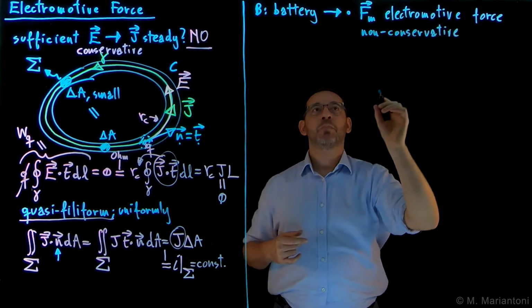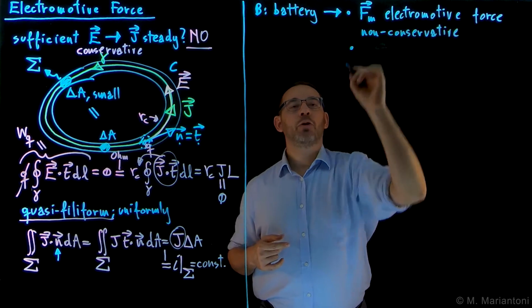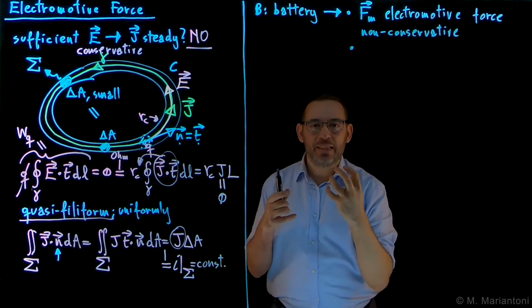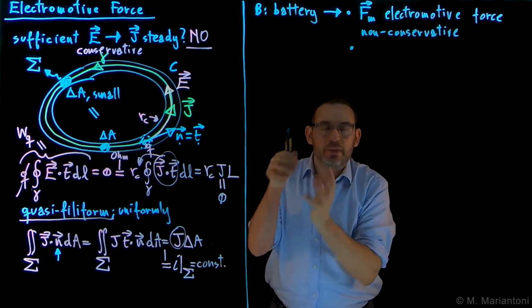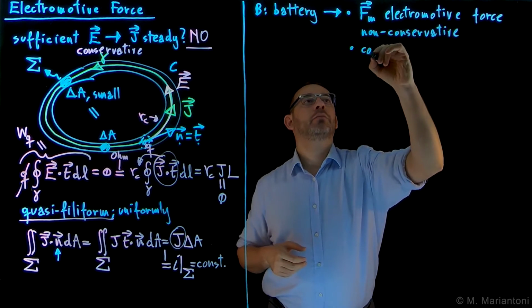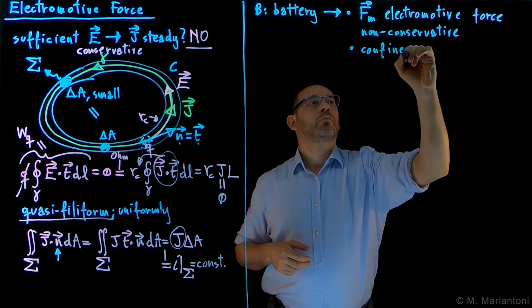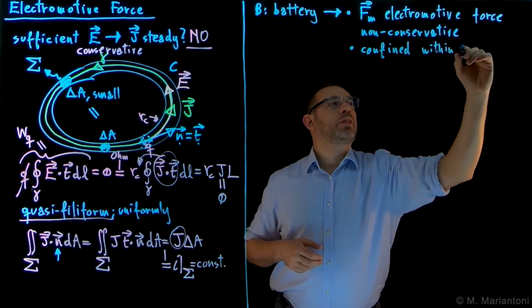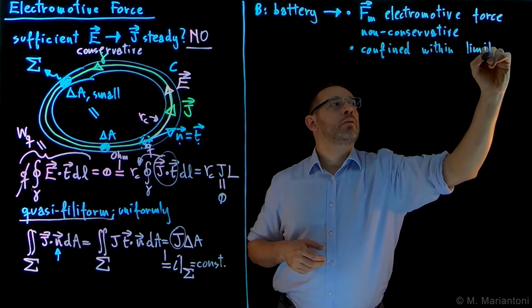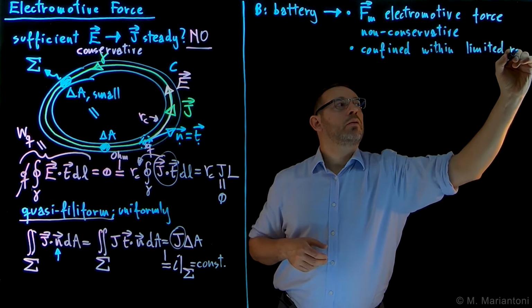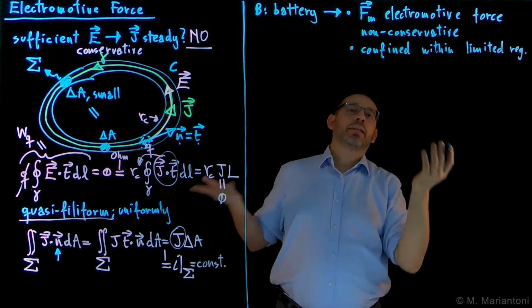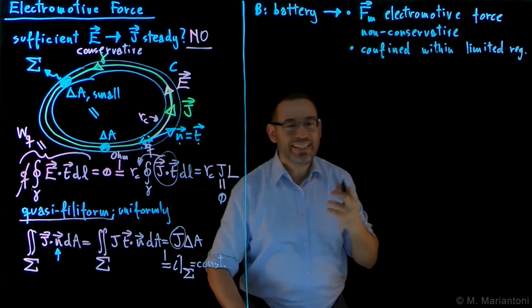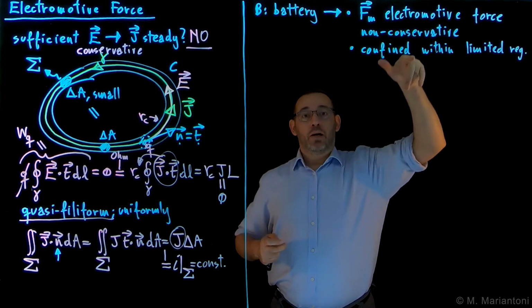So that's the first feature. Another feature that we really want to use is that it has to be confined within a limited region of space. What is the limited region? The battery itself.